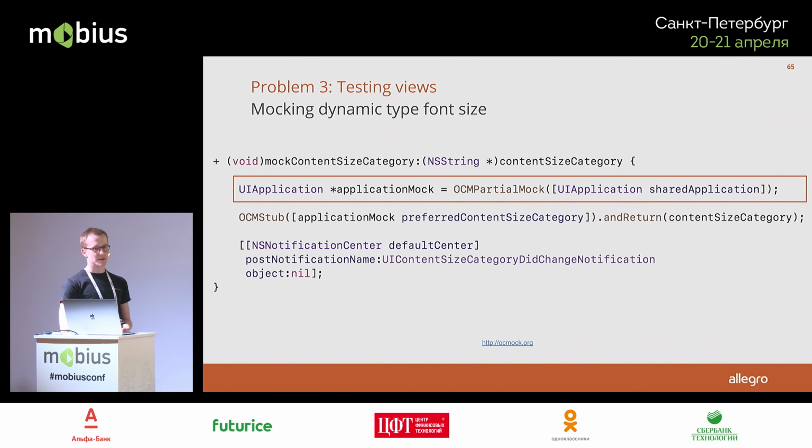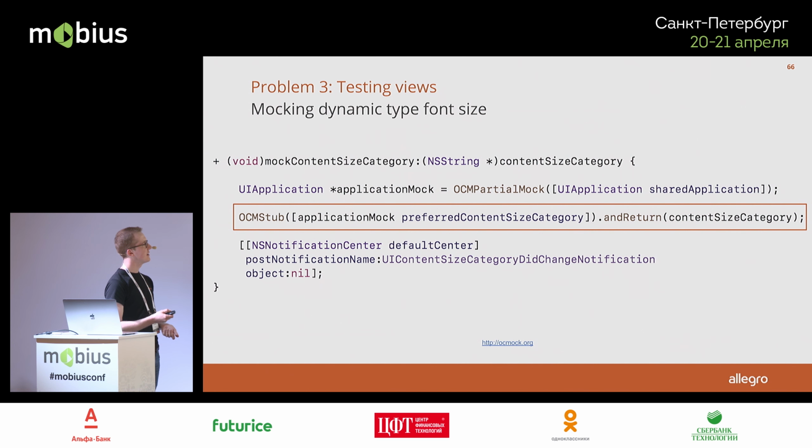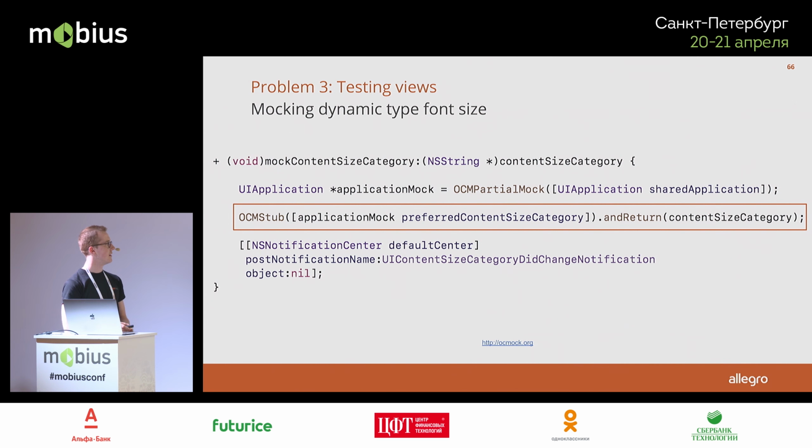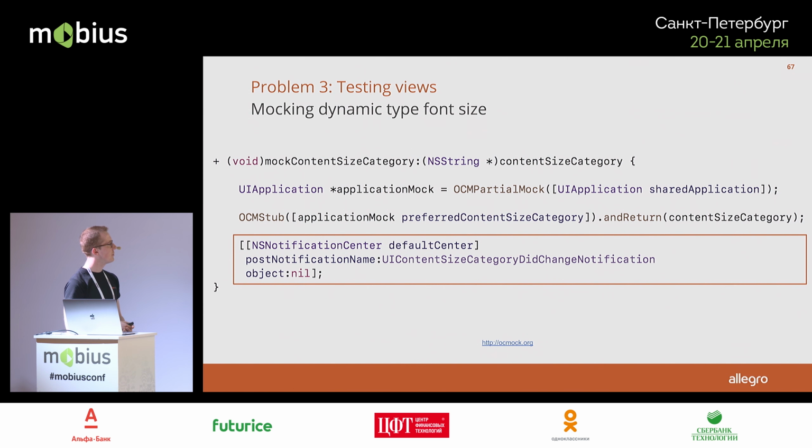To do swizzling, we use another popular library that Ewa already mentioned, which is OCMock library. Firstly, we create a mock of UI application, then we swizzle preferred content size category property, and we return the value that we want to test against. And finally, we post the notification that the font size changed, so all the views can react to this change.